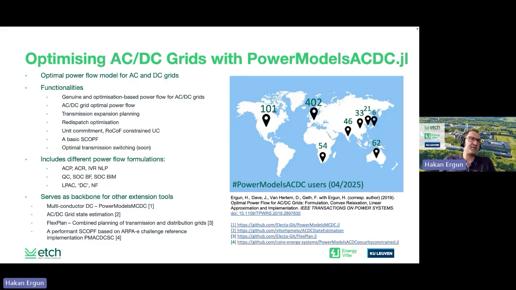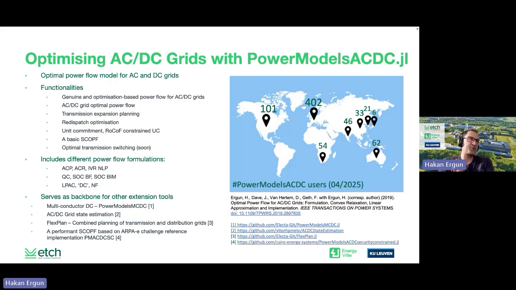It also comes with a unit commitment model and also a rate of change of frequency constraint unit commitment model. So here you are also determining which generator should be on or off at what given point in time. And basically, if you then also consider the inertia that you need in the system to limit your rate of change of frequency, you can also do that with this RoCoF constraint model.